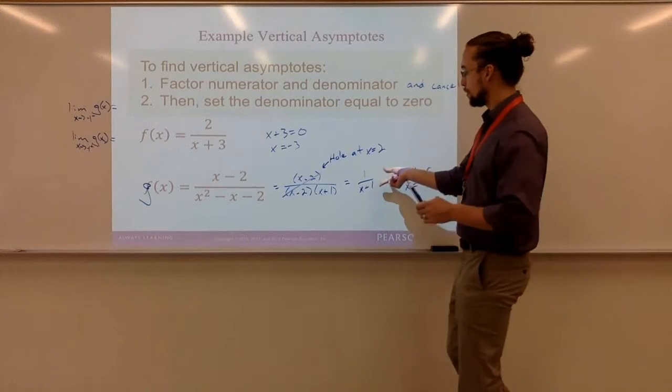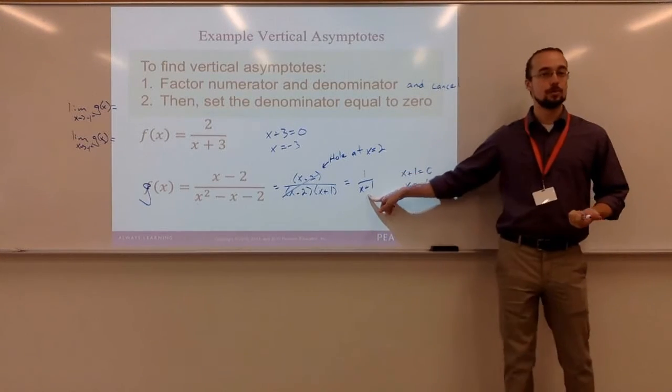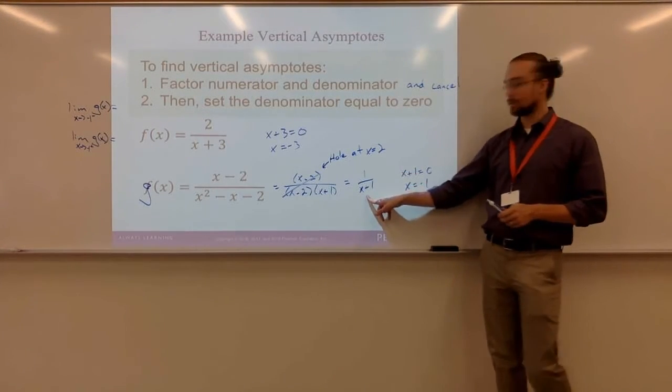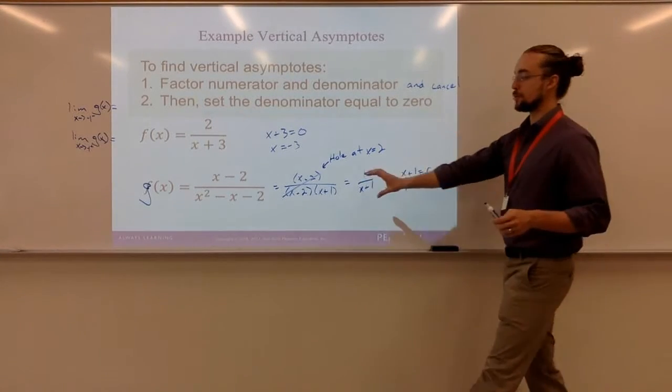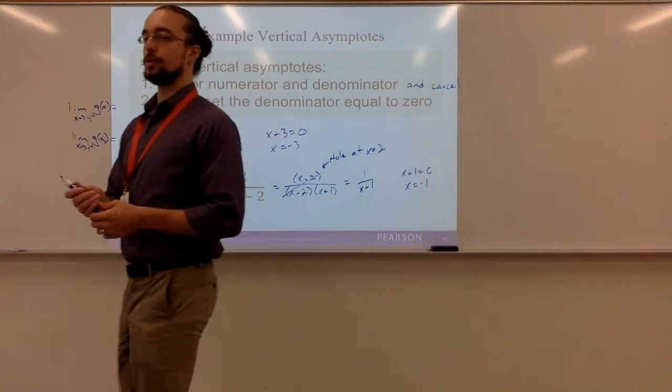So when you are plugging in these values, you can plug them into the simplified version. Right? You can just plug them into 1 over x plus 1.